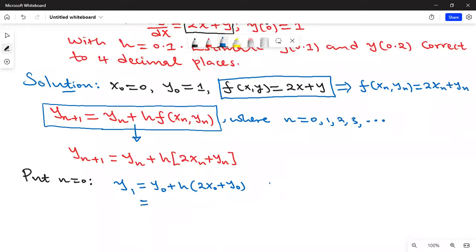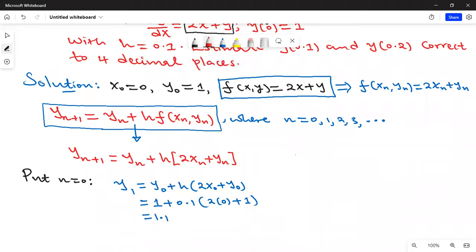Our y naught is 1, h is 0.1, 2 times our x naught is 0, y naught is 1. When you press this in your calculator, you're going to get 1.1.